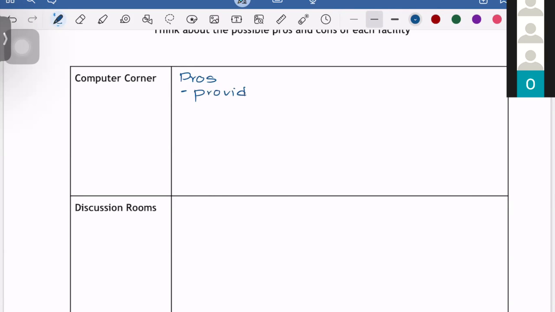So what does it help? It provides access to technology for research, assignments, presentations.